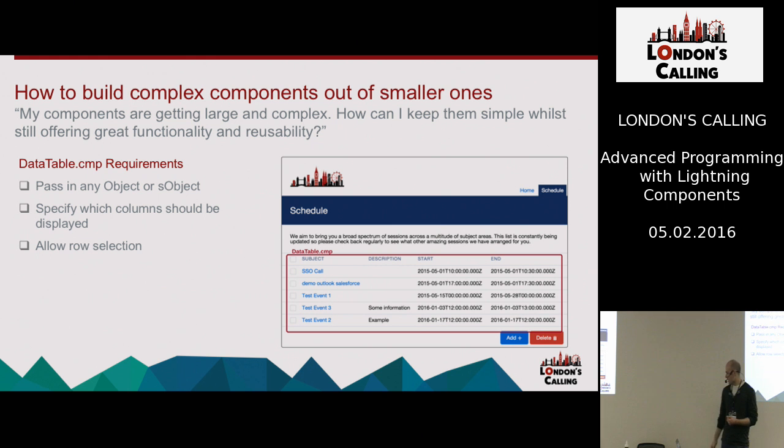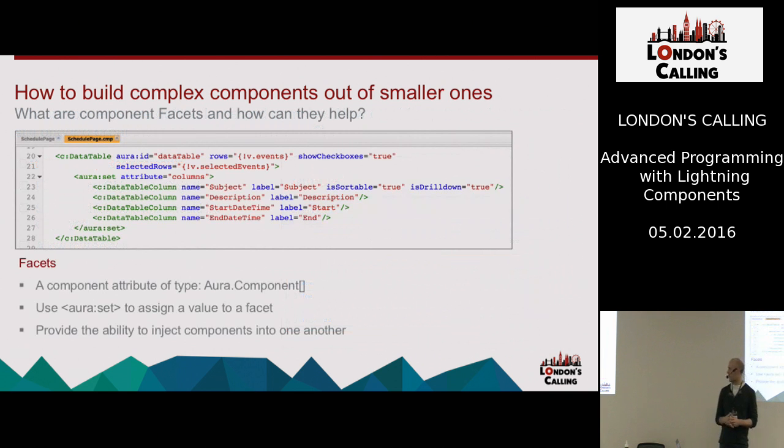And how am I going to do this then? The next feature I'm going to introduce is facets. Facets are really a way that you can build more complex components out of subcomponents and specify all of that when you create it. This snippet of code is from the schedule page component.